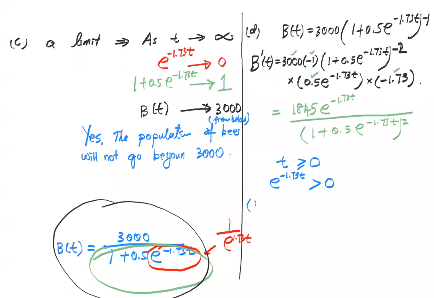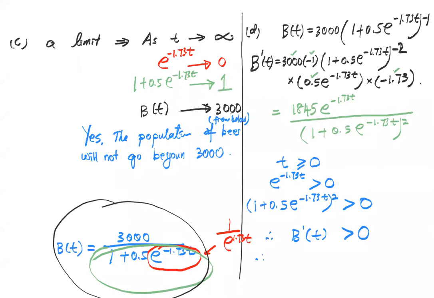And the square value, can a square number be negative? No. So that is how you say it. Therefore, B prime T is always greater than 0.